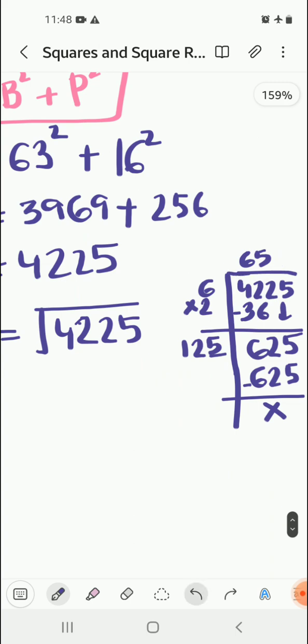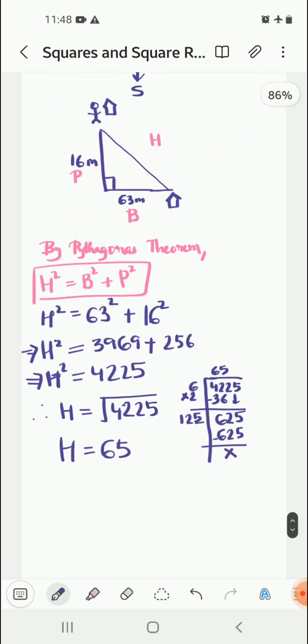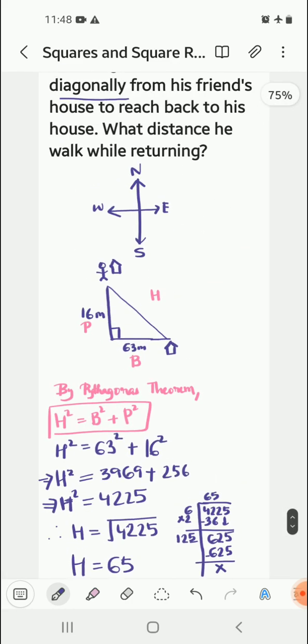So we can therefore write that h is equal to 65. And therefore we were asked to find the distance he walked while returning.